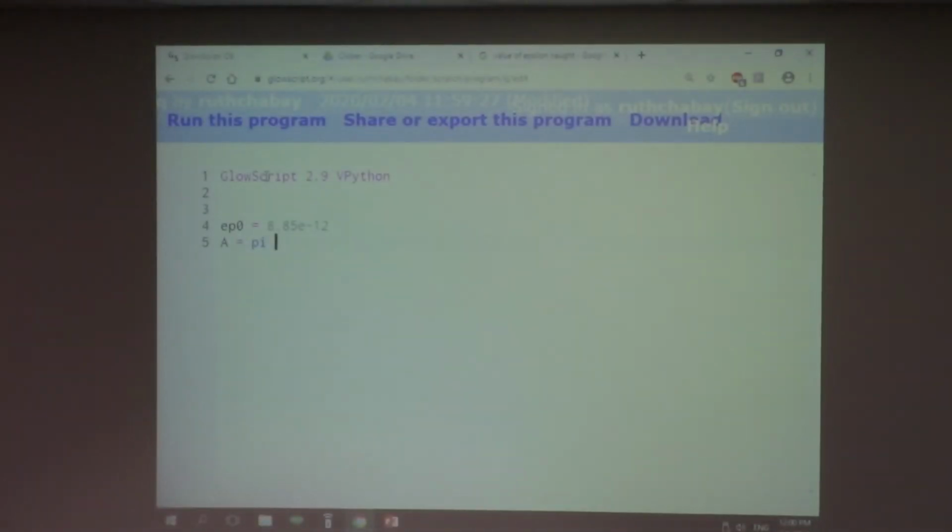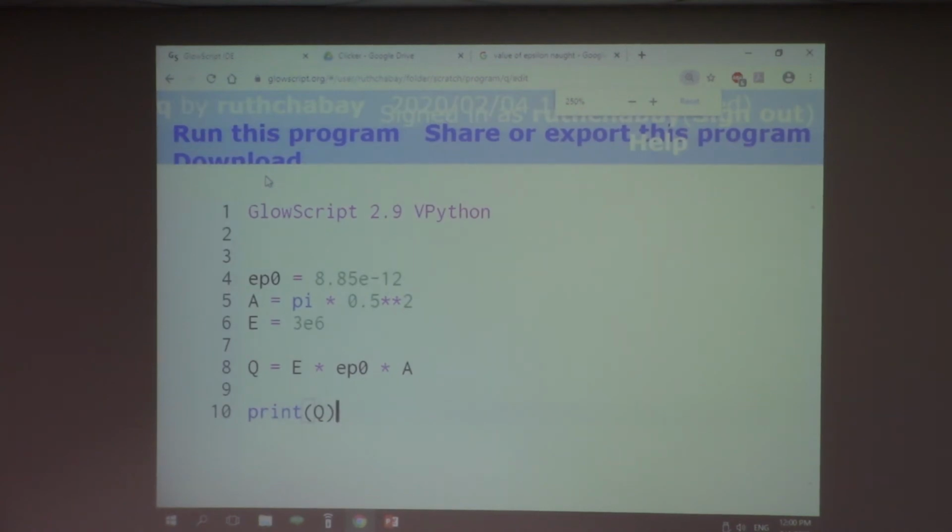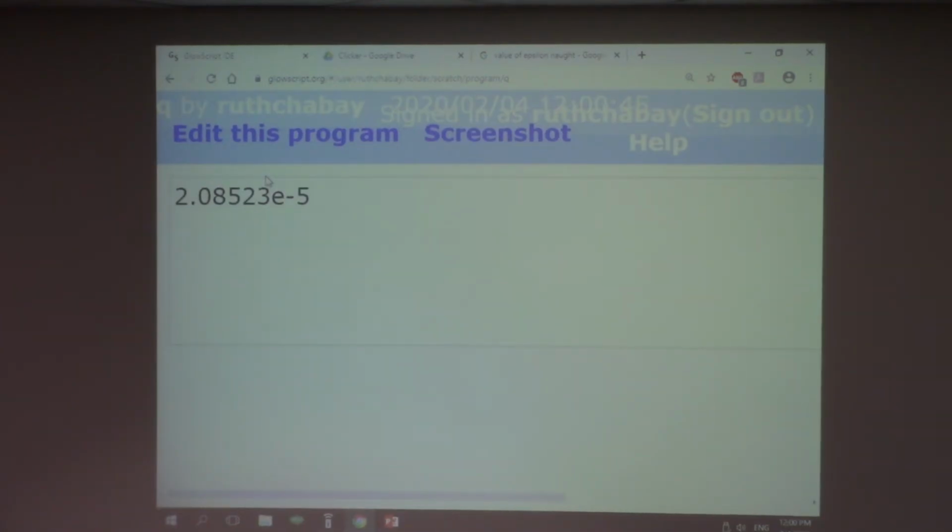And area is pi times 0.5 squared, and E is 3 times 10 to the 6th. So Q is equal to E times epsilon 0 times the area. Is that right? Looks right. So about 2 times 10 to the minus 5th coulombs.